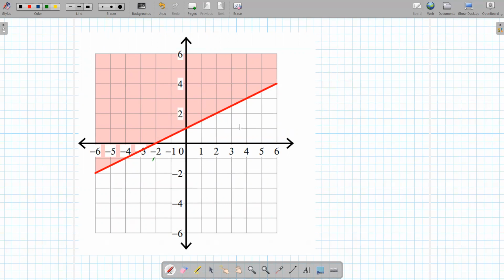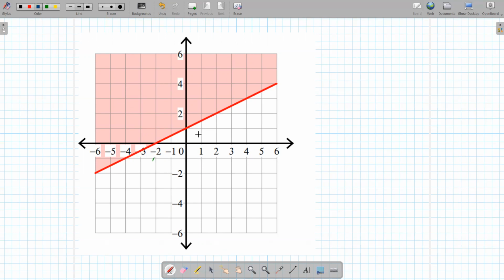How do you find the equation of the line when you don't know its y-intercept, but you do know its graph, which is given here? You can't use the y-intercept. You're going to need to use two different points.